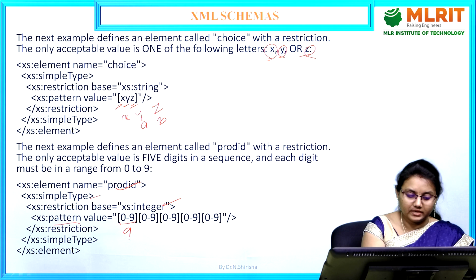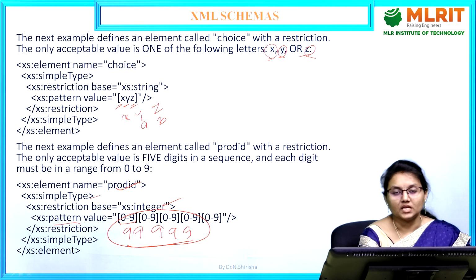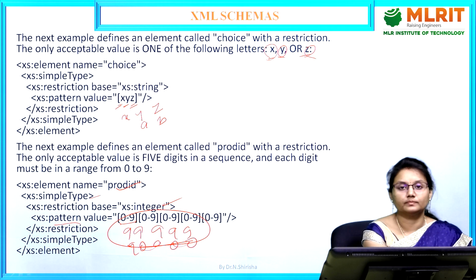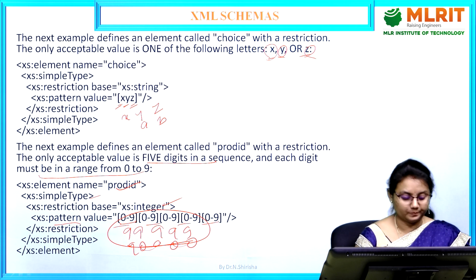That means say 9, 9, 9, 9, 9. Means what? A 5-digit number in a sequence. That digit may vary from 0 to 9. Either I can take 909, 9000. That's also fine, because you are taking 5 digits in a sequence, and each digit must range between 0 to 9. That's my pattern.